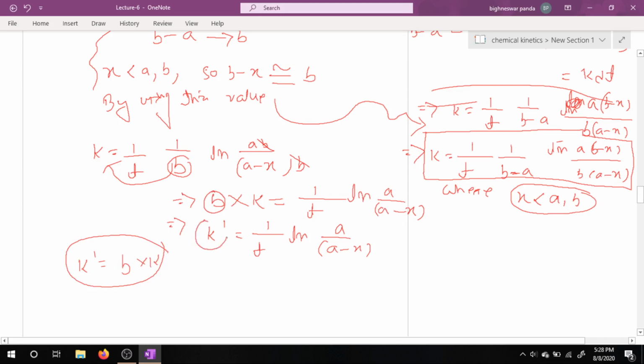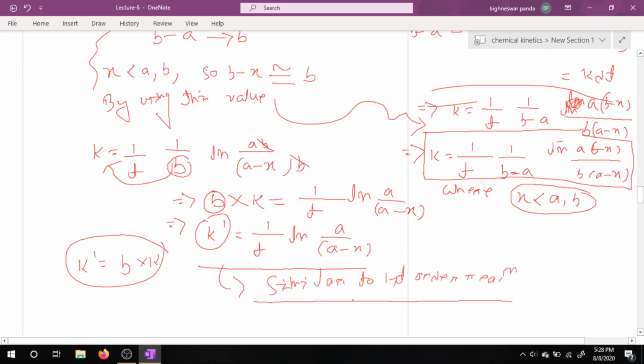This k dash has the value 1 by t into ln a by a naught minus x, and it is similar to a first order reaction.